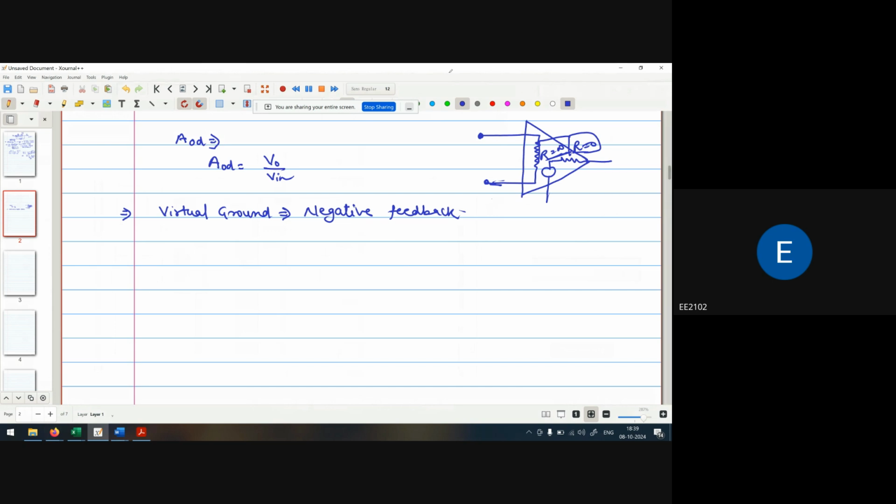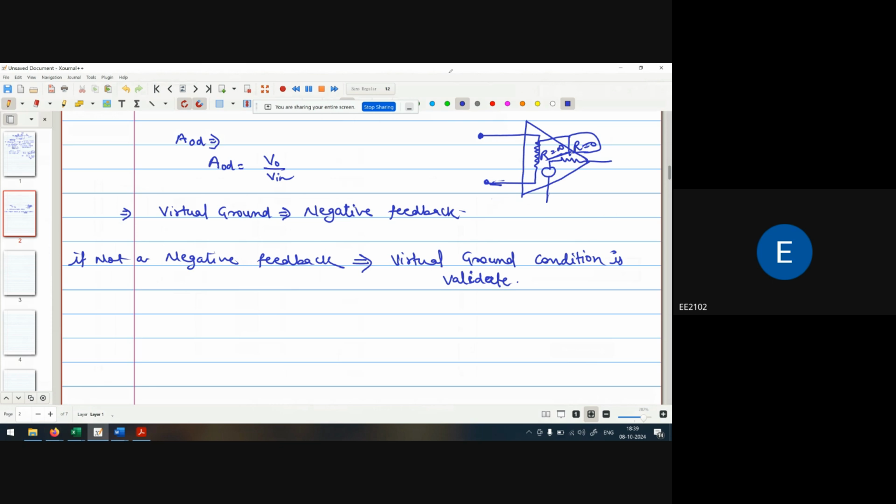If it is not negative feedback, we can't say the virtual ground condition is valid. This virtual ground condition is not a condition of the operational amplifier. It is a condition of negative feedback operation.